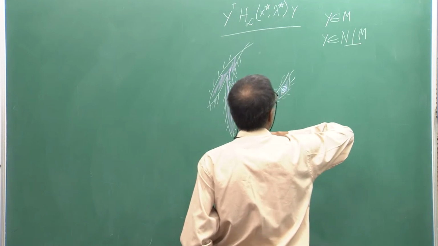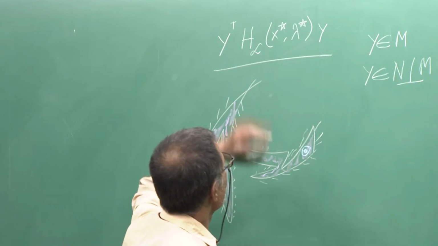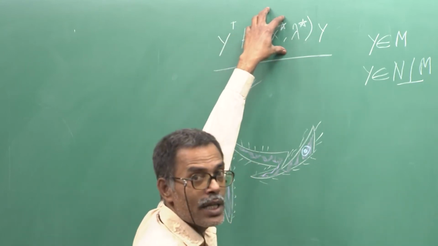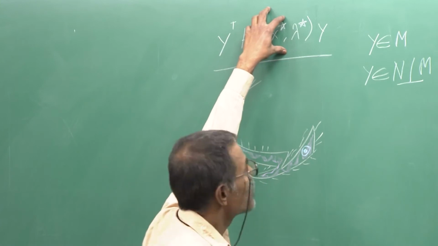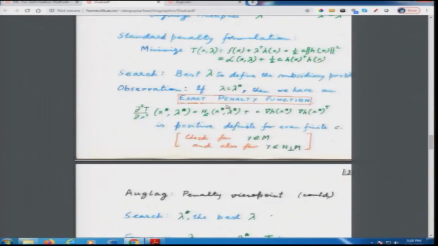For a vector y in the tangent subspace, this part is convex, so this component will be positive and the penalty component will be 0, because in the tangent subspace it is 0.